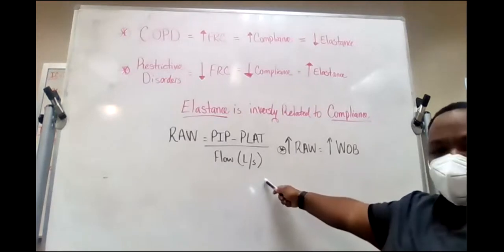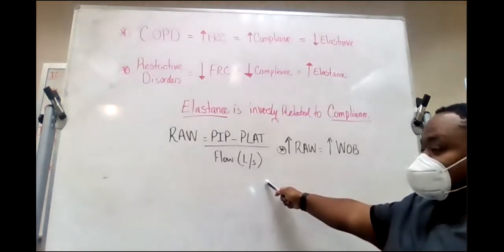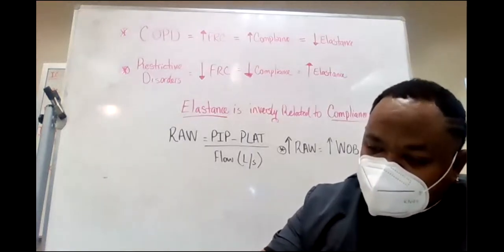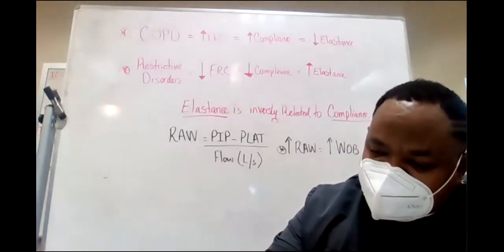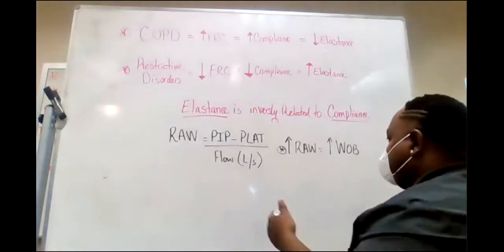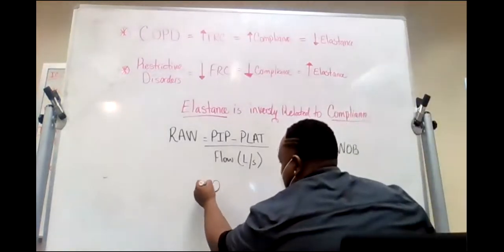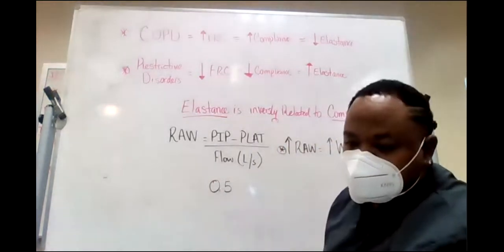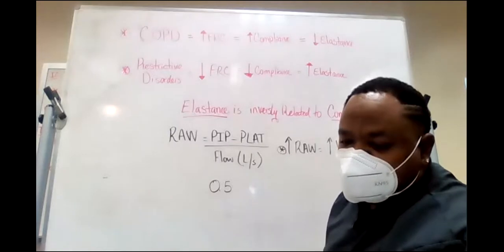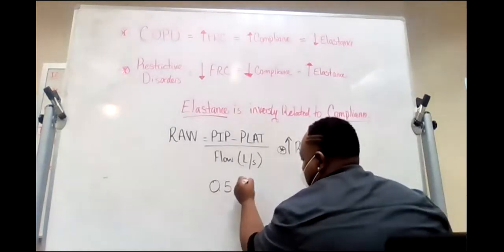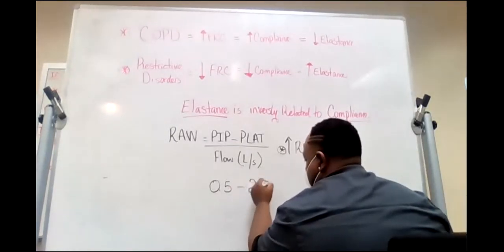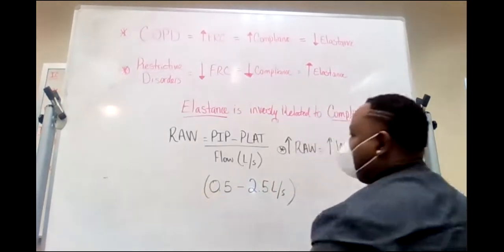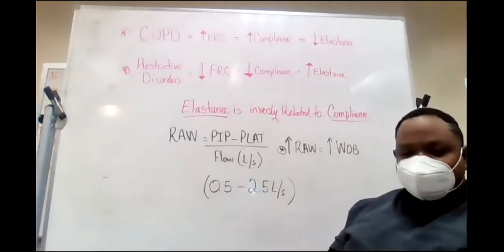This is the formula that you should have on your formulas page. This is the formula for resistance. What is the normal value for resistance? Should be 0.5 to 2.5 liters per second. That is the normal resistance.